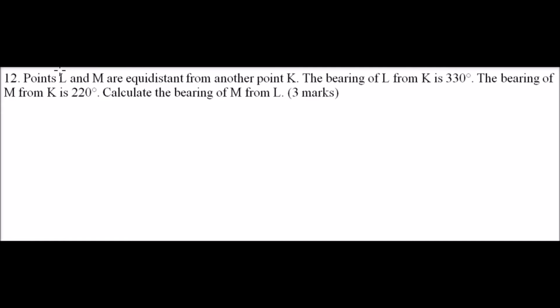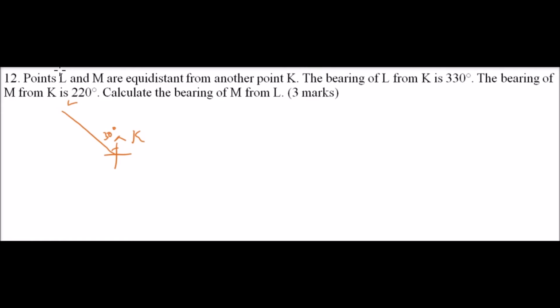So we'll start by making a compass, the point K, and we say that the bearing of L from K is 330. 330 is just 30 degrees before you get to 360. So it means the angle that will be left here is 30 degrees, and that will be the point L. The bearing of M from K is 220.